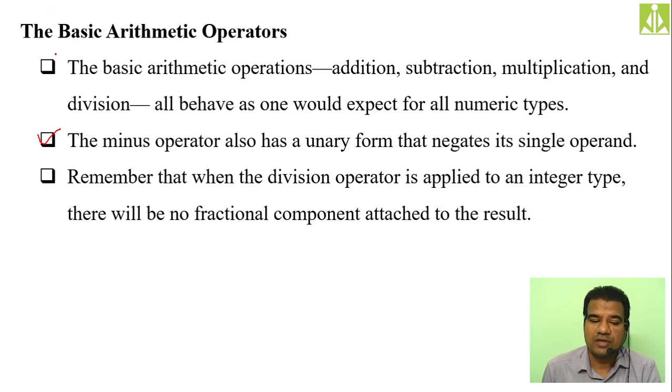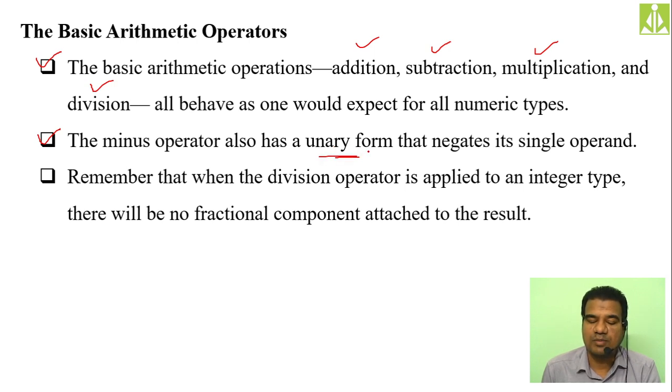These are some of the important points that I have written over here. Basic arithmetic operations like addition, subtraction, multiplication, and division all behave as one would expect for all numeric types. The way we use these operations in mathematics, the same way they behave over here. Then the minus operator has its unary form as well. You have to remember that one.